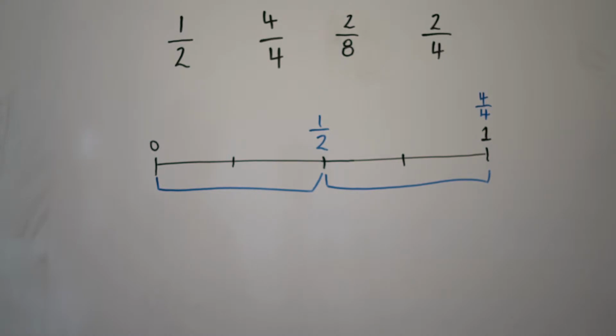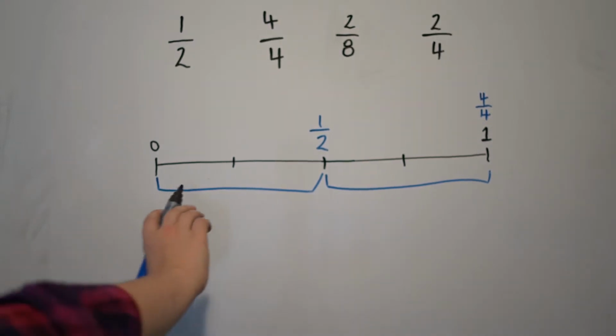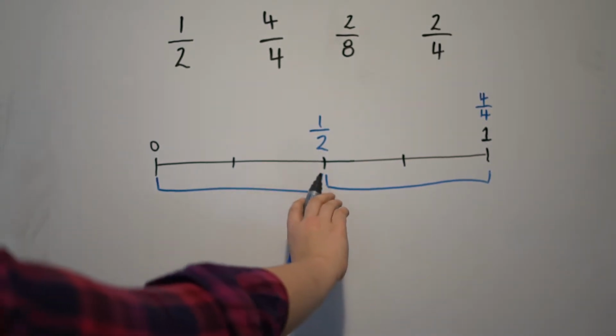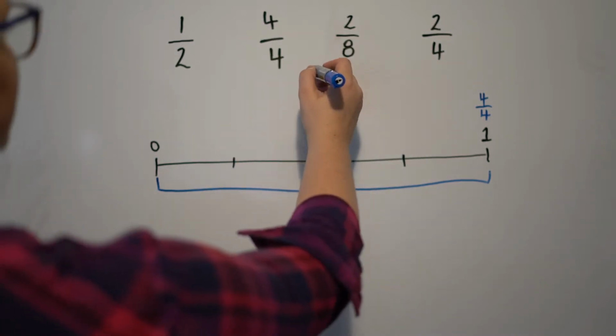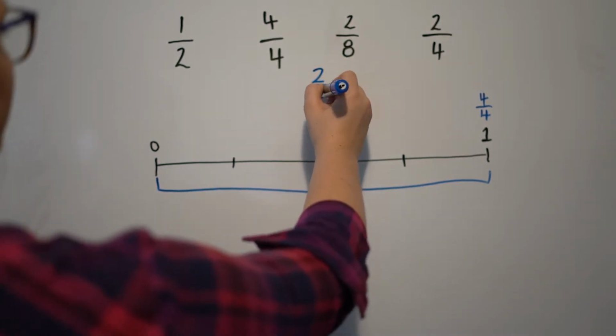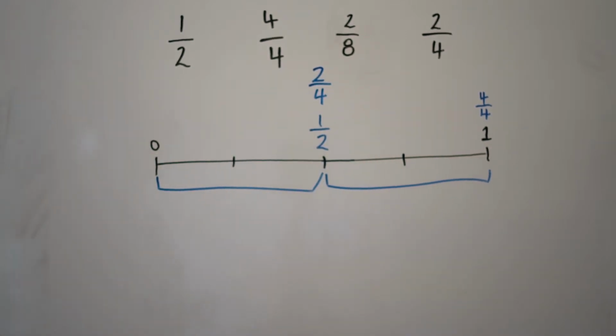Now my number line is already separated into 4 sections by the little lines on the number line. So I'm going to count 2 out of the 4 sections. 1, 2. 2 fourths or 2 quarters. 2 quarters is the same as 1/2. This leaves me with only 1 fraction left. 2 eighths.